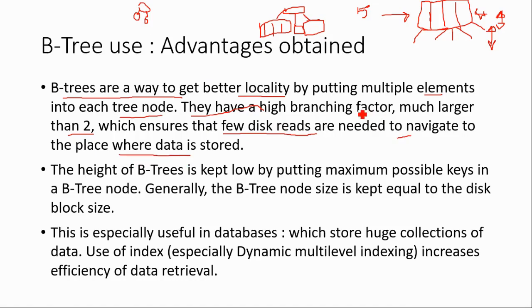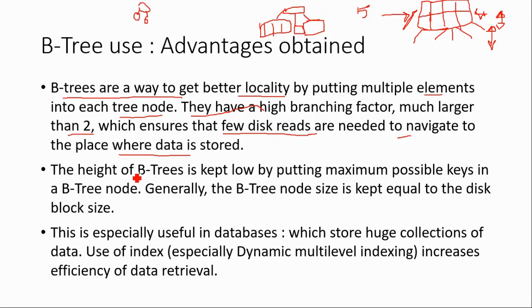We ensure that few accesses to secondary memory will bring in more data. What does this mean? If we store data in the form of a BT in secondary memory, then each access to secondary memory will bring in more data, and more data will be used. So the time taken for secondary memory data access will reduce very much.